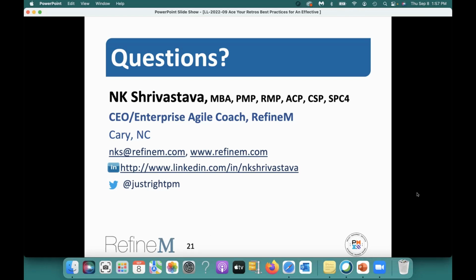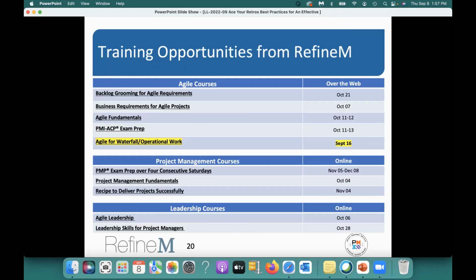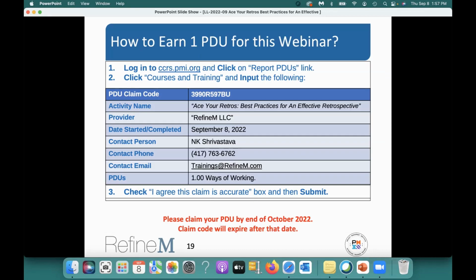Can you put the PDU slide back? Okay, yeah, and you will get the slide deck also. So let me go and put the PDU slide back. Yeah, if you want to take a picture of it, you can take a picture of it. Any questions anybody has related to retrospective, what we covered, or any other question that you might have?